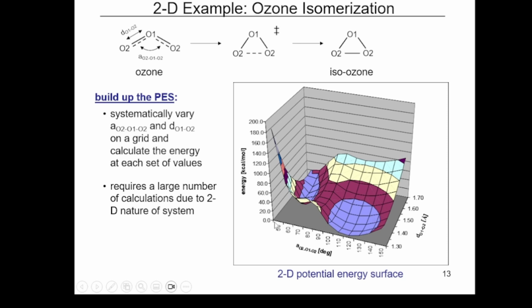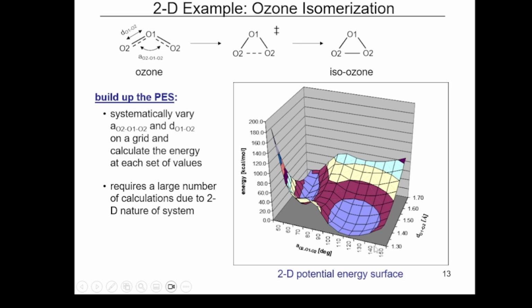So to construct this potential energy surface diagram, where we have 11 values on this axis and 9 values on this axis, we need 99 points. And this complexity can further increase if you decrease the step size here and decrease the step size here.